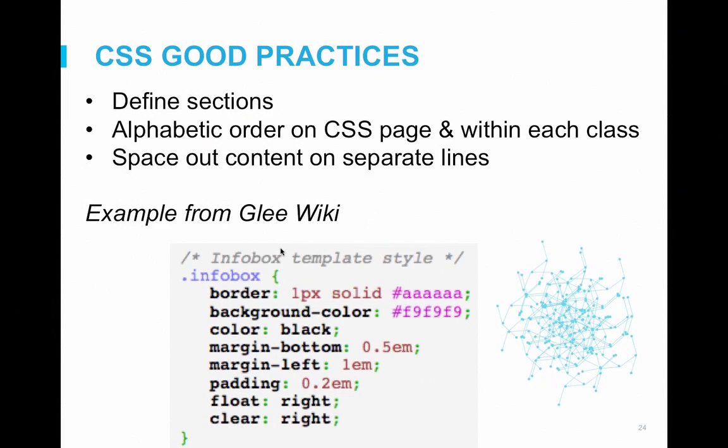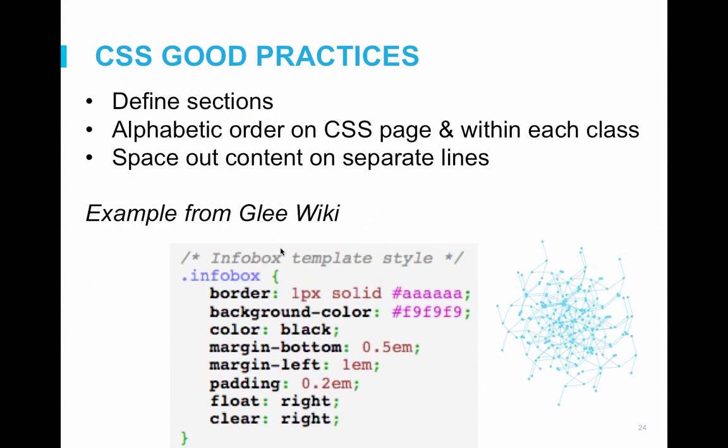Another thing is within your selectors, list the properties in alphabetical order. This example we see here is not perfect, but it's close. We see the margins are close together, which lets you quickly grasp what the element will be shown as.